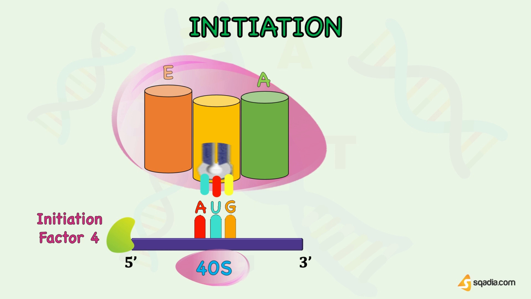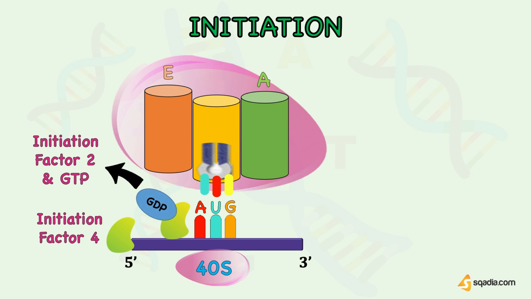Now with the AUG sequence, there will be an attachment of one more factor, which is eukaryotic initiation factor 2. This eukaryotic initiation factor 2 also has GTP. The initiation factor will break down the GTP and convert it into GDP and will release an inorganic phosphate with energy.